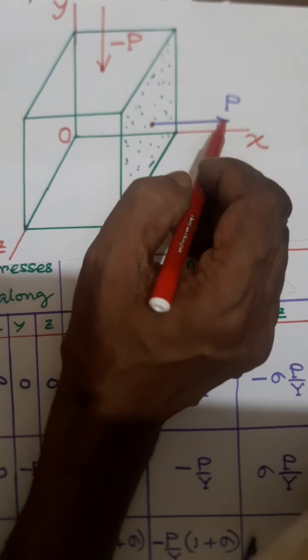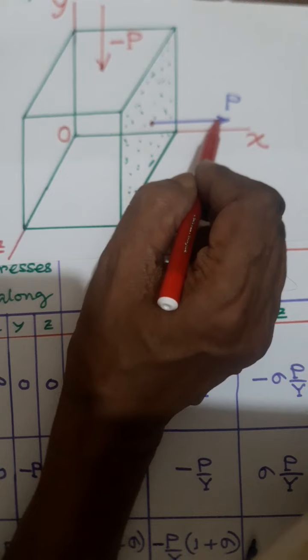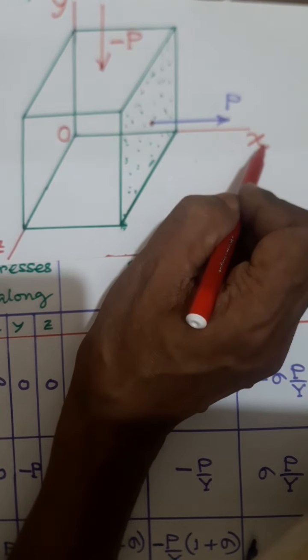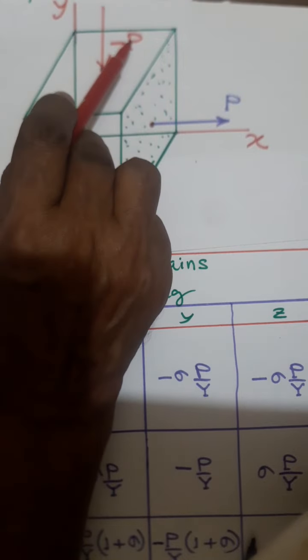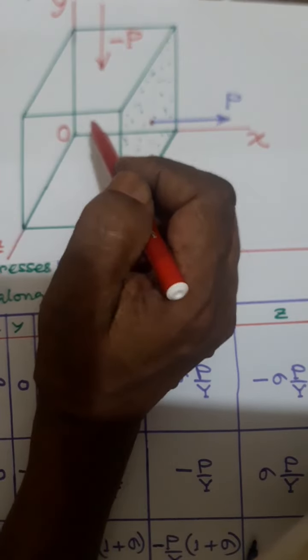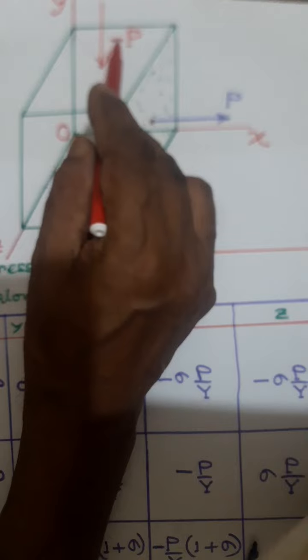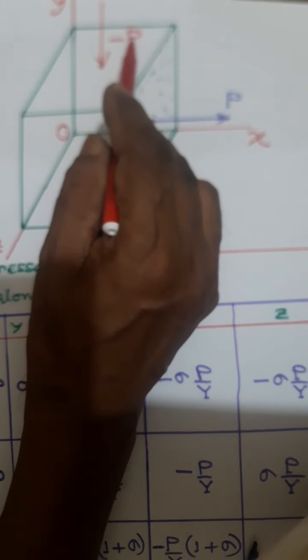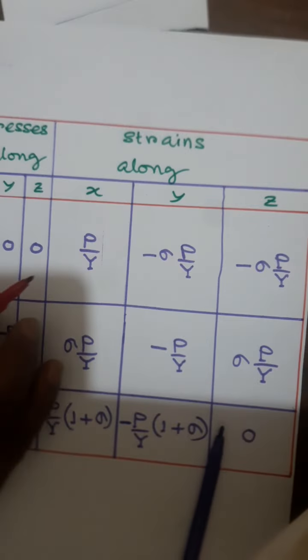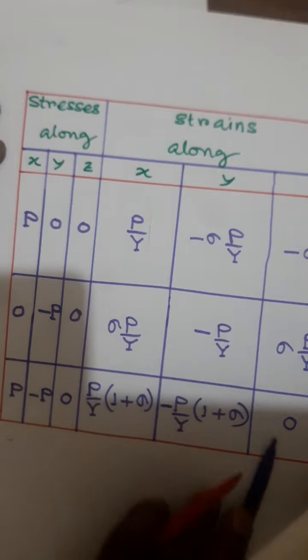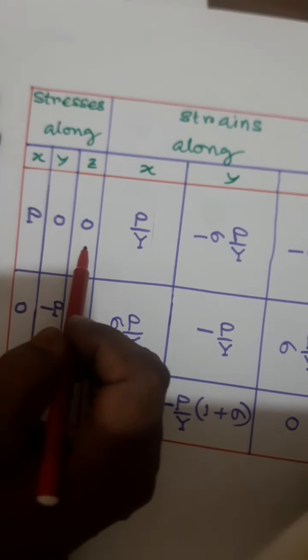Now we apply an extensional force along the x-axis and a contractional force along the negative y-axis, that is minus P. It is shown in this table.